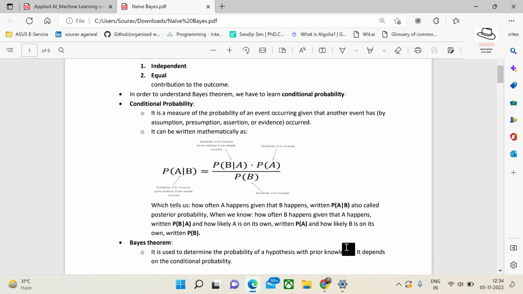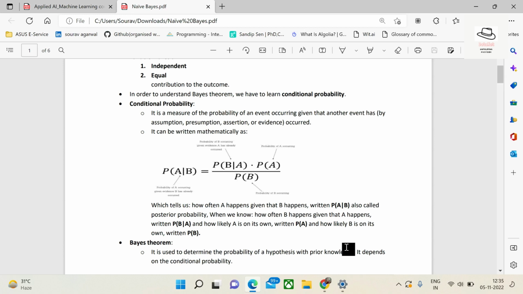How will we use it in terms of our classification? Assume that we want to determine what label or what class our set of inputs would belong to. Say our input variables are denoted as x1, x2 and x3.